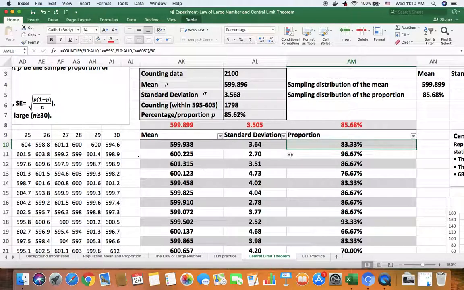And if we happen to pick this sample, we can make the same conclusion as we would with the whole population. This is a good sample.